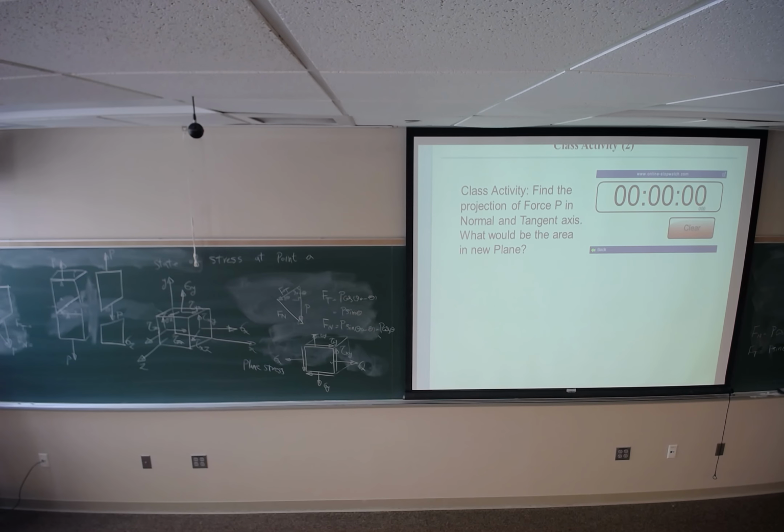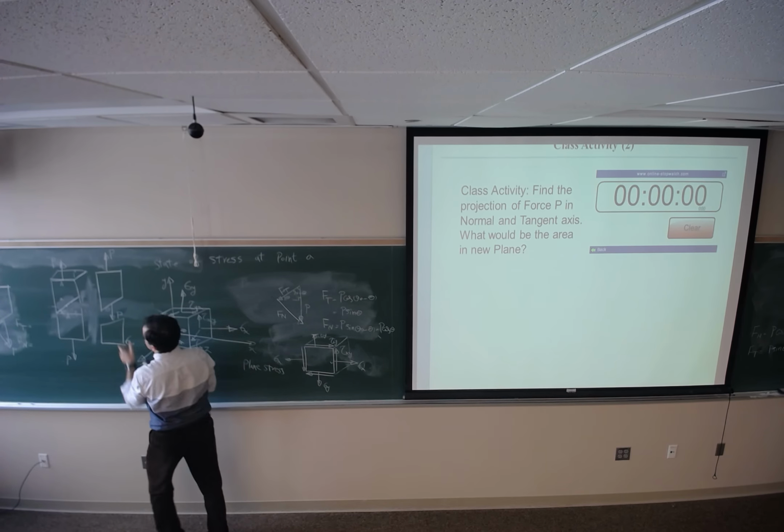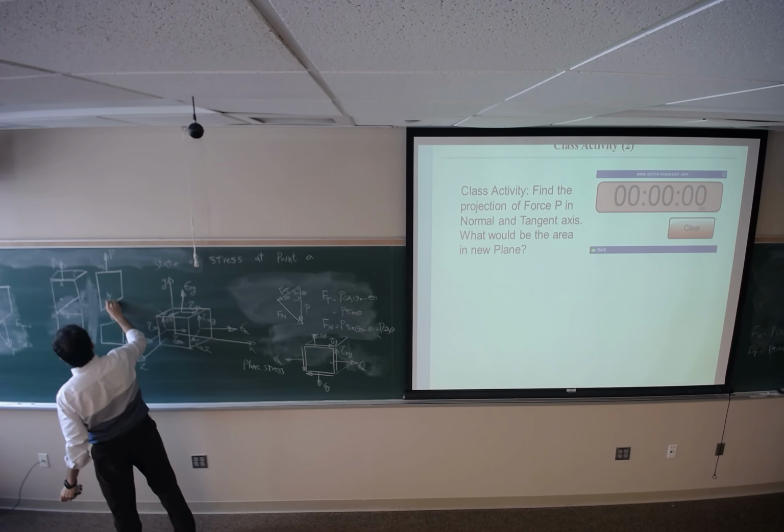Cosine of theta is A divided by L. Then L is going to be A divided by cosine of theta. So I could find this length, which is A divided by cosine of theta.